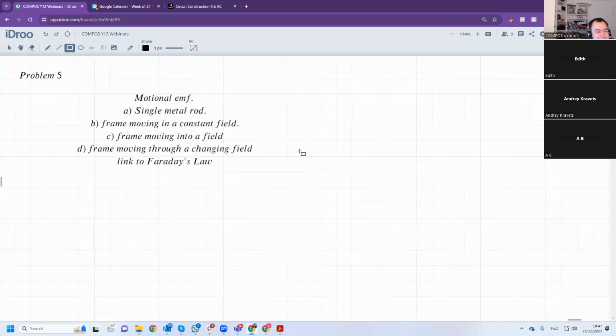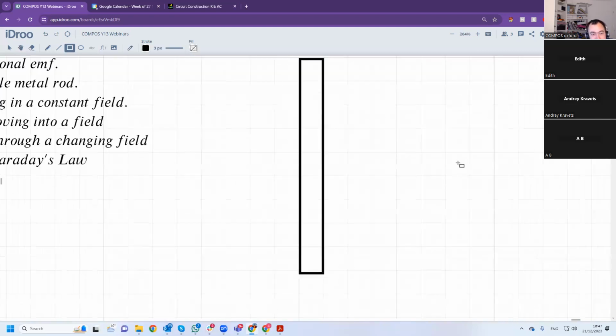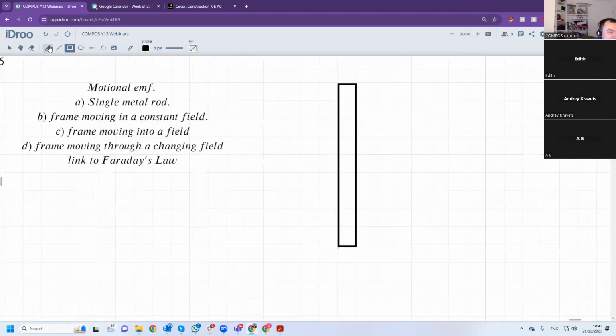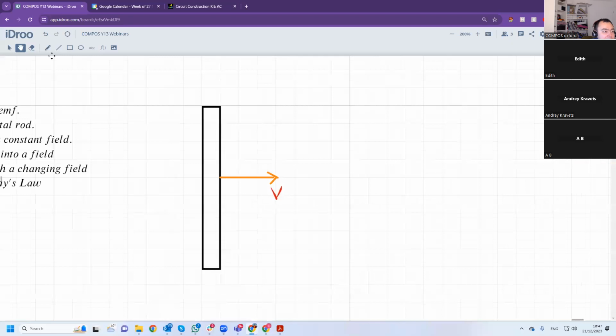Okay, so let's have a look. We have a metal rod moving through a magnetic field at some kind of speed, let's say velocity v, and the length of that rod is L. The magnetic field is B. B is the magnetic field.